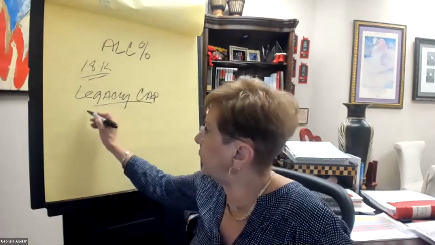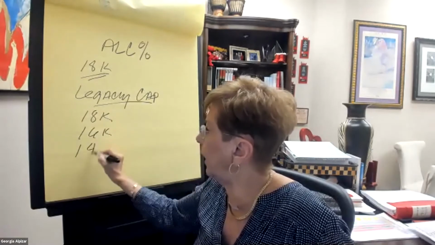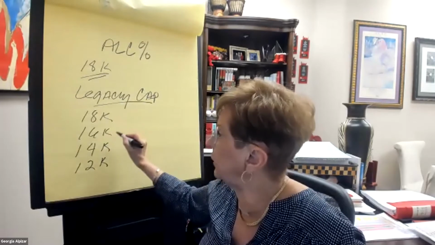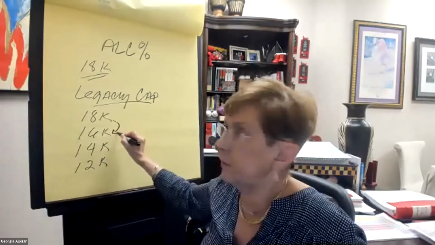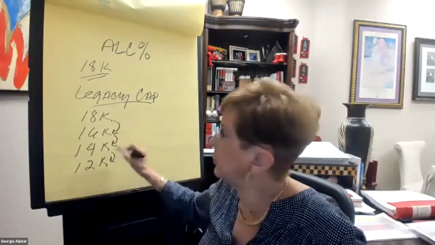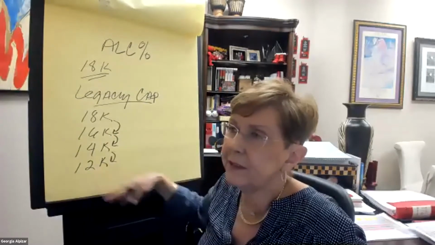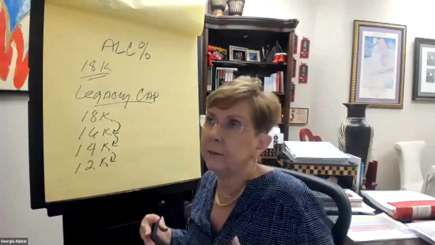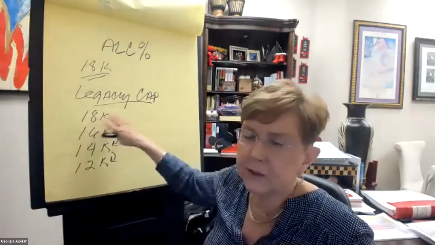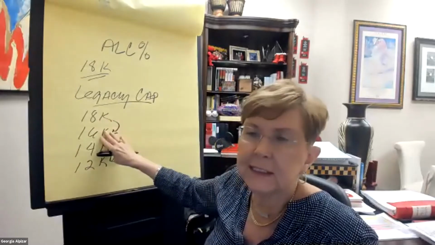You might say, if you started off with us at 18,000, and you've been with us for a certain period of time, we're going to take you to this next year. You're going to go to 16,000, then to 14,000, then to 12,000. Now, this is something that can actually be provided to an agent when they join Keller Williams, and you can say, part of our legacy program is that once you're with us for 2 years, you can go down to a $16,000 cap.